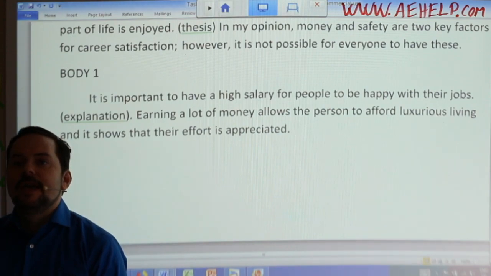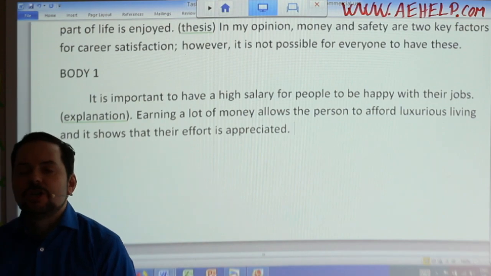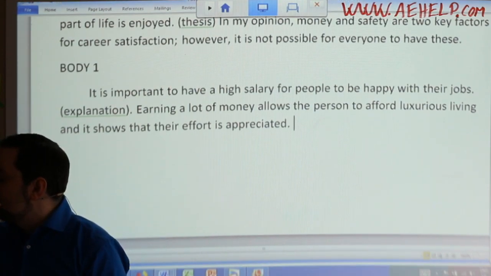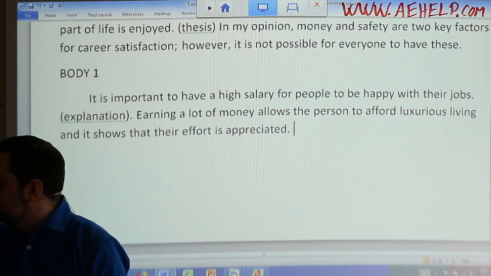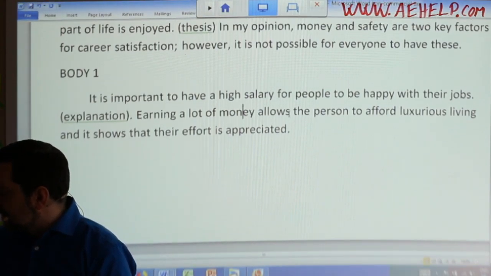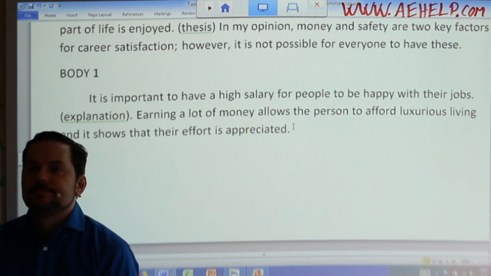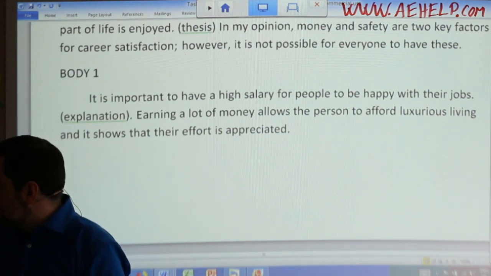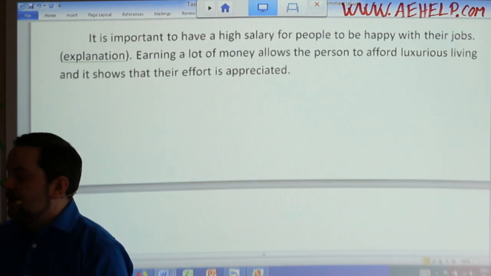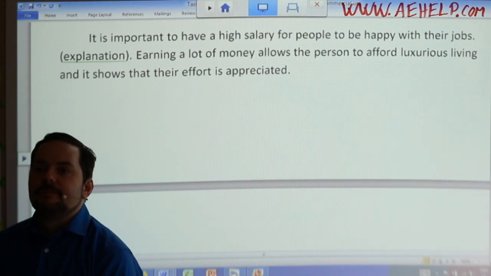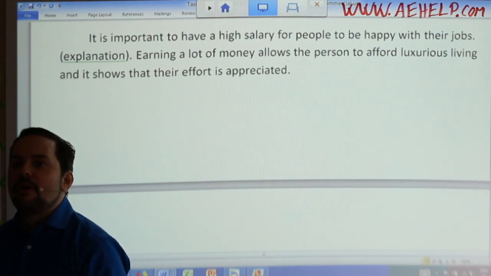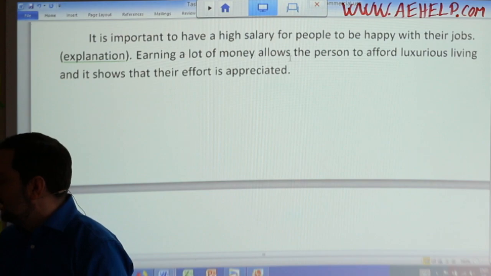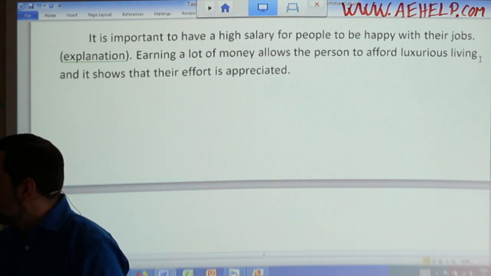I'm missing something from this sentence, some kind of punctuation. What punctuation am I missing from this sentence? So to make this sentence a correct sentence, what is the punctuation that I'm missing? A comma before and. That's right. Why do I need a comma before and here?